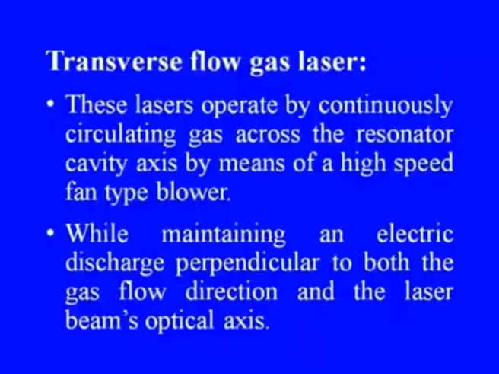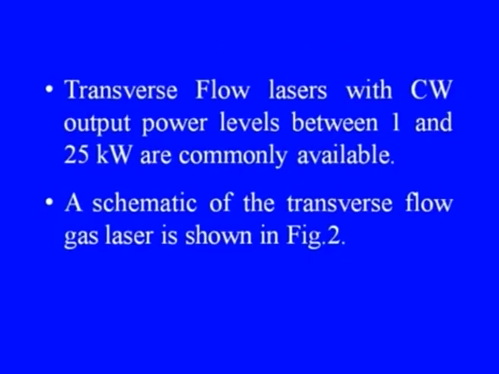Then come the transverse flow gas lasers. These lasers operate by continuously circulating gas across the resonator cavity by means of a high speed fan type blower, while maintaining an electric discharge perpendicular to both the gas flow direction and the laser beam's optical axis. Transverse flow lasers with continuous wave output power levels between 1 and 25 kilowatts are easily available.